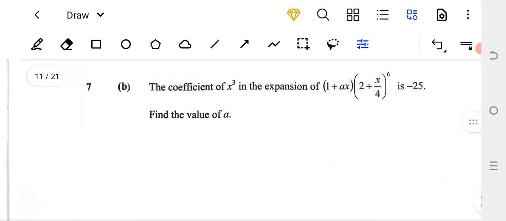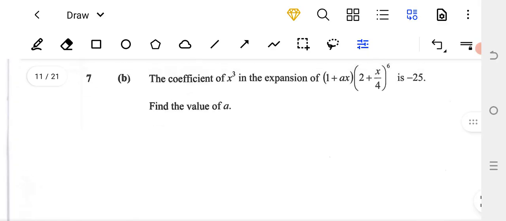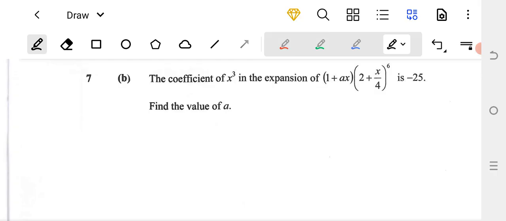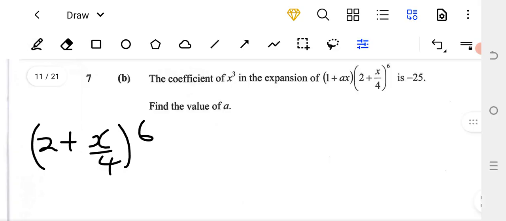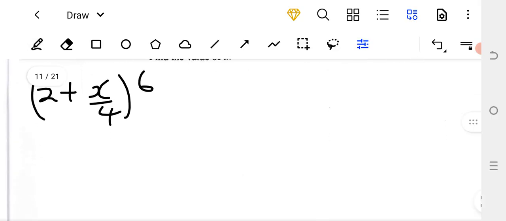Okay, so to continue, we are going to get the 2 plus x over 4 raised to the power 6, and we expand as far as the term having x to the power 3.